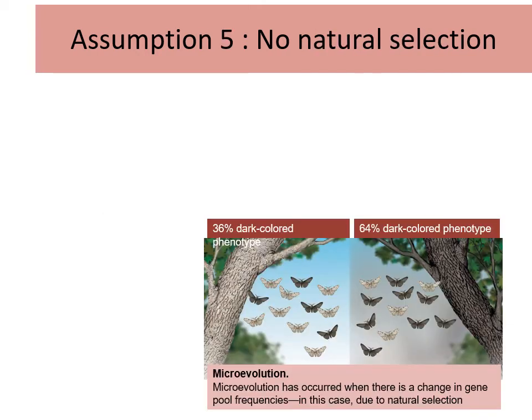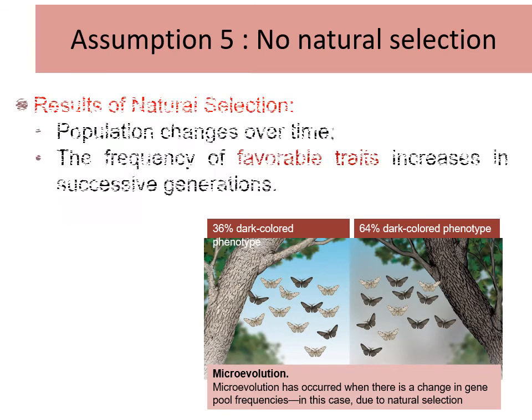The fifth assumption of the Hardy-Weinberg law is no natural selection. Natural selection breaks the rule of Hardy-Weinberg that causes population changes over time. In biological terms, nature selects those individuals most fit to survive.